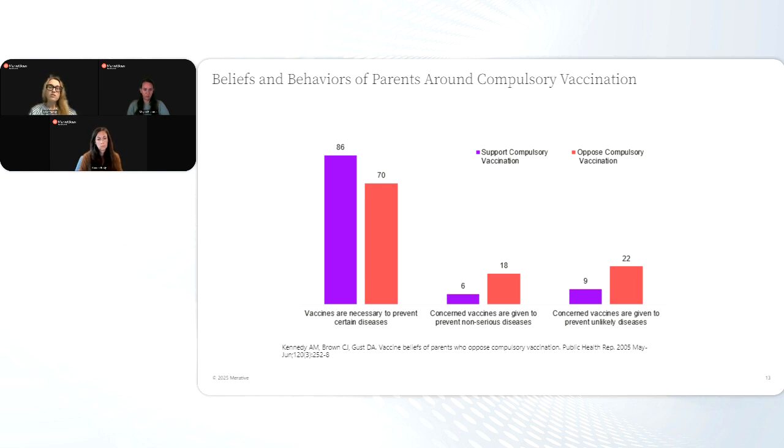What these survey results show is that more parents who oppose compulsory vaccination hold the belief that vaccines are given to prevent unlikely diseases. Similarly, more parents who oppose compulsory vaccination also believe that vaccination is for non-serious diseases. You can probably hear in your mind the echoes of things you hear even now about vaccination of children against COVID-19, this idea that children are healthy and they bounce back.